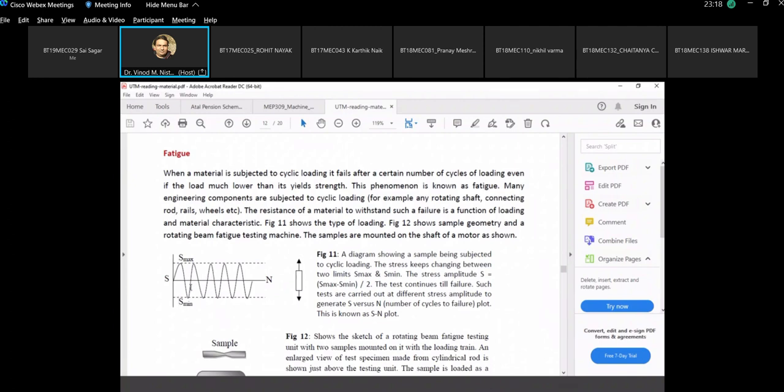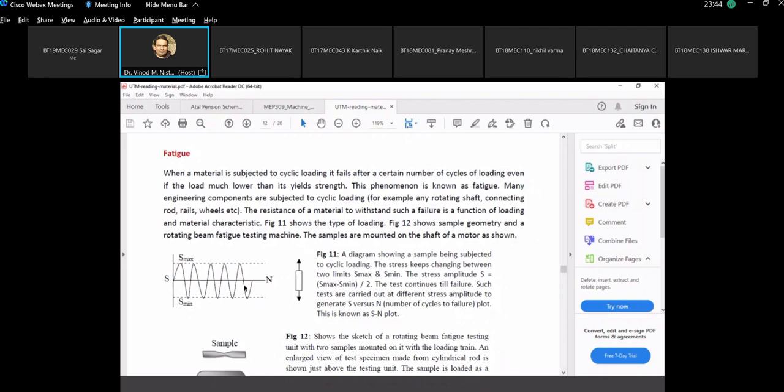If on a specimen we apply the cyclic load, these are the number of cycles. The material can fail due to this cyclic load after a certain number of cycles. The number of cycles is denoted by N. So this is a kind of SN curve, you can say, and we plot this through experiment.